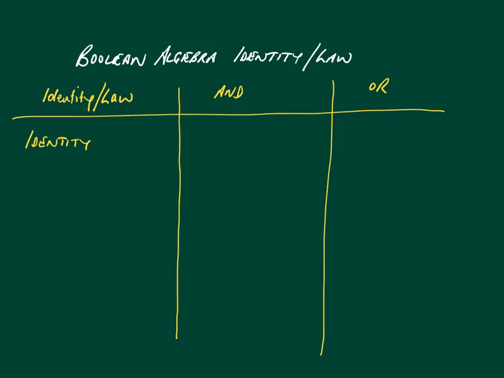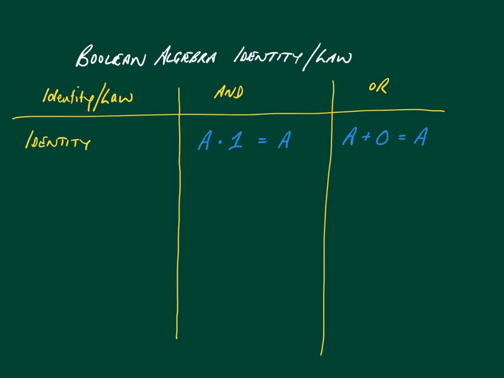So for identity, if we use the A symbol, A and 1 will give us an output of whatever A is, and A or 0 will give us an output of whatever A is.